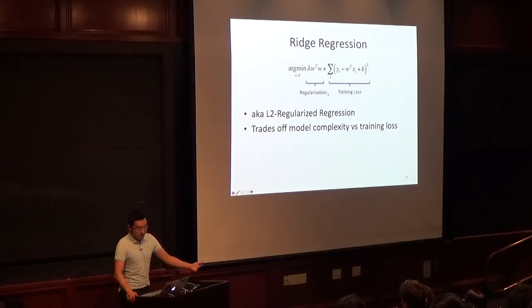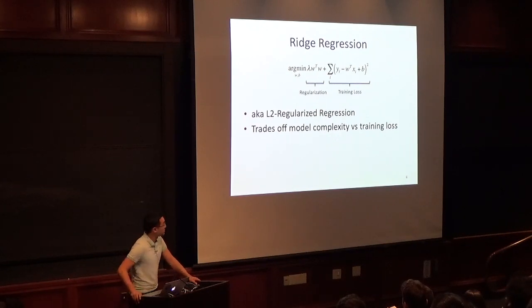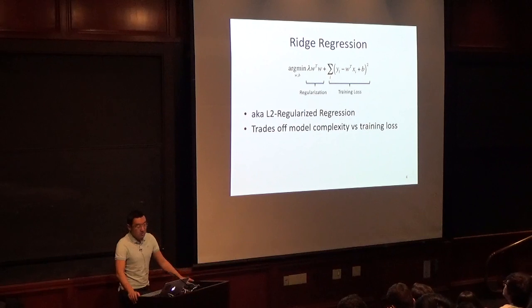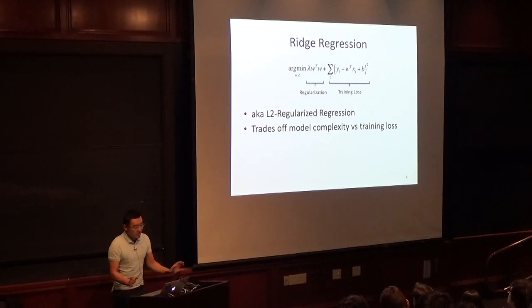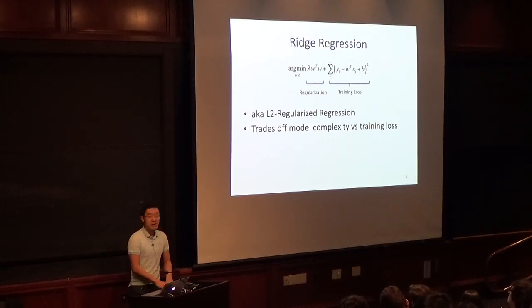Ridge regression, in other words, is equivalent to L2 regularized least squares linear regression. And you can think of it intuitively, and we'll talk about this more formally as we go along in this lecture, as a learning objective that trades off between model complexity versus minimizing training error on the pre-collected training set.